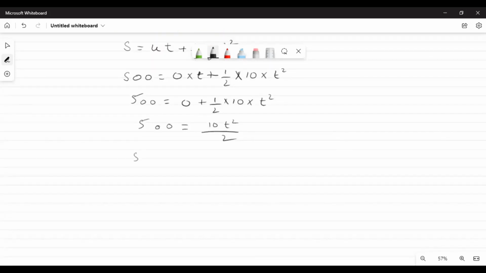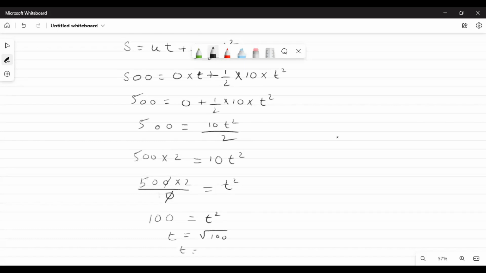So 500 into 2 equals 10 t square. 500 into 2 upon 10 equals t square. So 50 into 2 is 100, equal to t square. So t will be equal to root of 100. So t will be equal to 10 seconds. This is our t1.